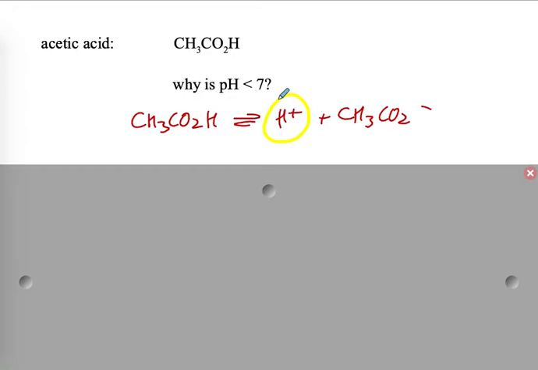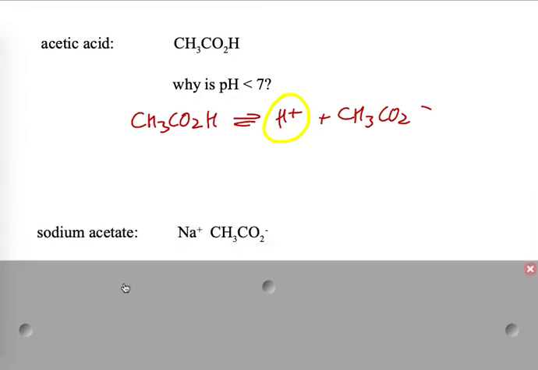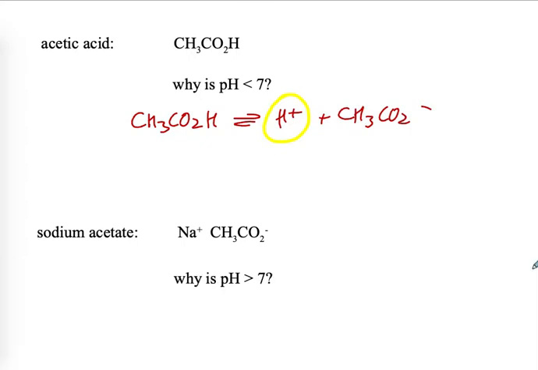But if I take a solution of sodium acetate, the sodium salt of the conjugate base of acetic acid, I find that the pH is greater than 7. That is, it forms a basic solution. Why would that be? Well, we can consider the following equilibrium.